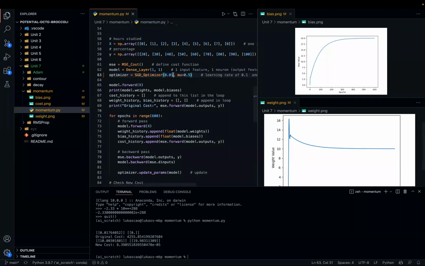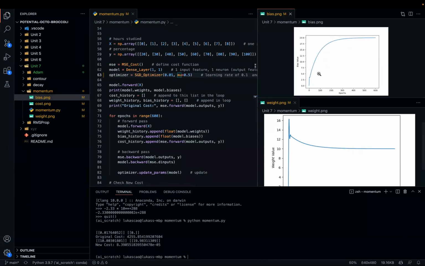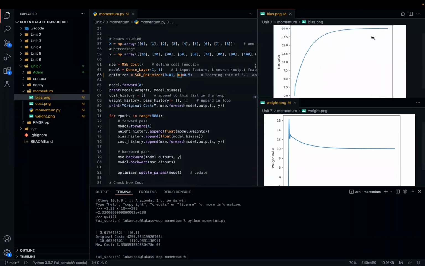So what RMS prop does is, we have a global learning rate. And then we're gonna have a learning rate for the bias and a learning rate for the weight. So that the learning rate of the weight won't be too big anymore. It'll just update normally like the bias.